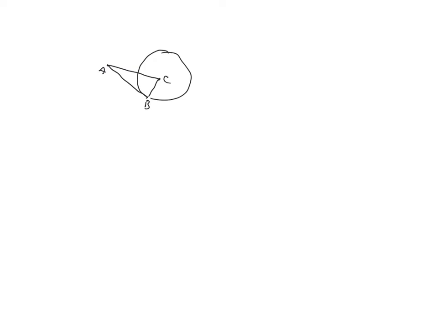So on these ones, it's going to say in the directions that AB is tangent. So therefore I have a right triangle. Okay, and it's going to say find the radius.